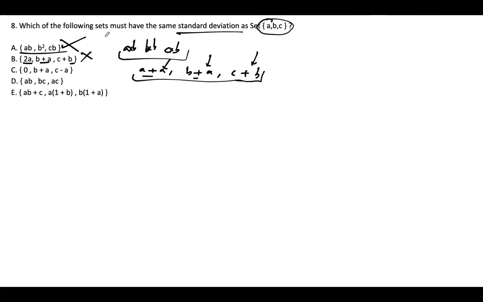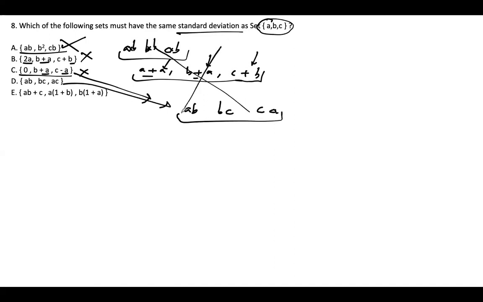I don't know whether they have the same standard deviation or not. Similarly here, can I find any logic? Plus and minus one, no logic. Here you're doing plus A minus A. I don't know what's happening. Here also, I'm not multiplying by the same number. Let's say A, B, C. Here there is A, B; here there is B, C, A, C. I could not find any logic.